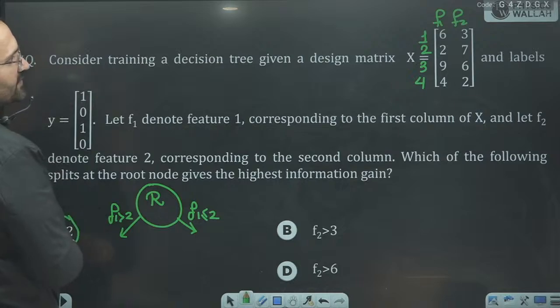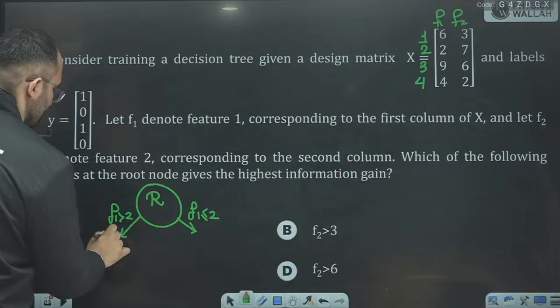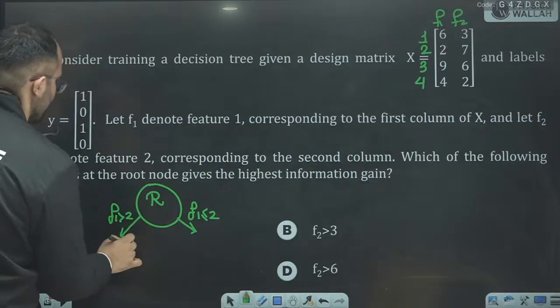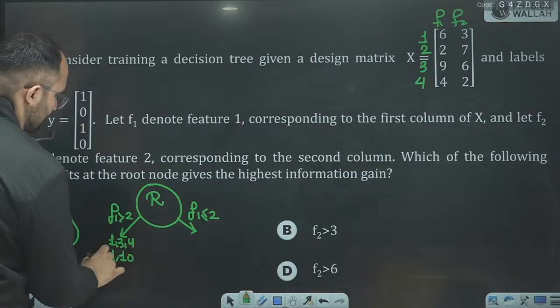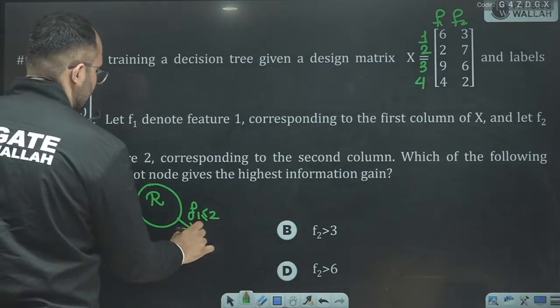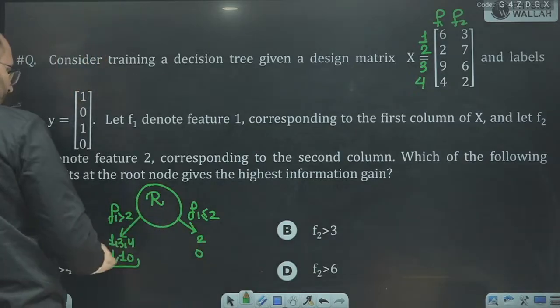So F1 greater than 2 means first point, third point and fourth point are here. First, third and fourth means classes 1, 1, 0, and only the second point will go here, that is 0. So this is my option A.